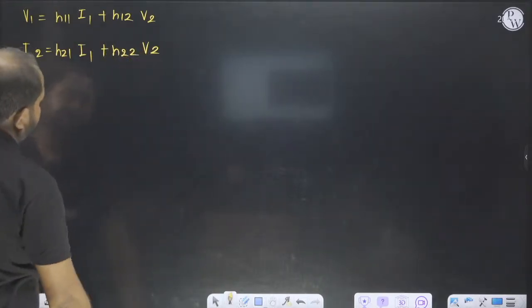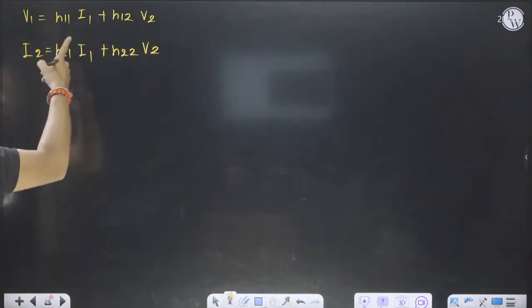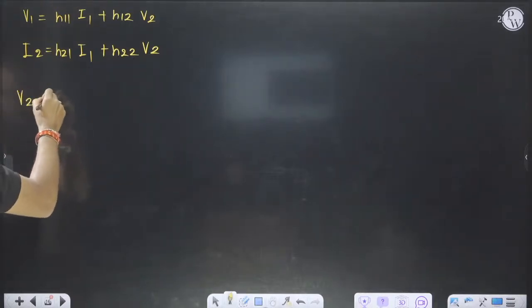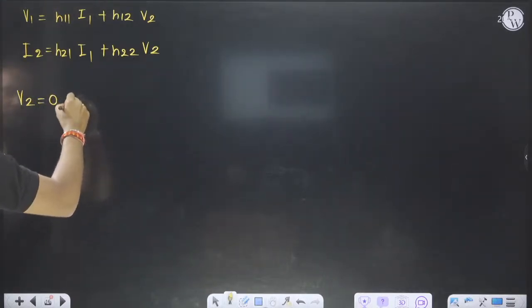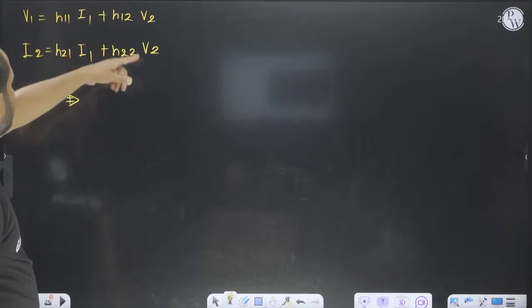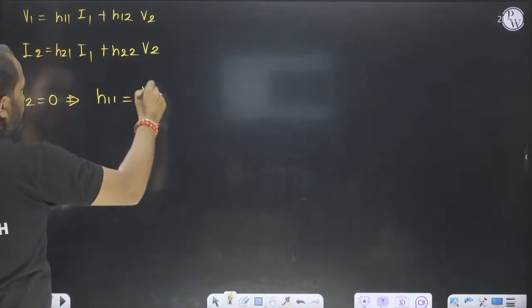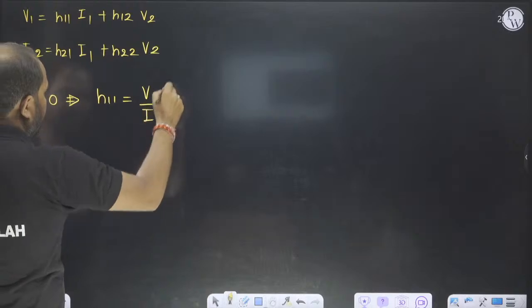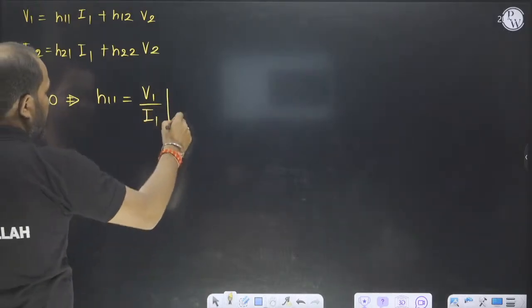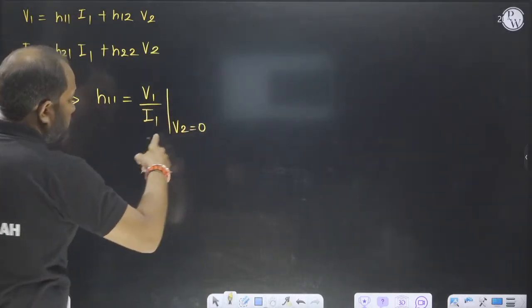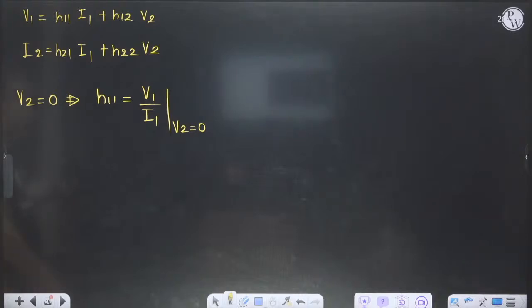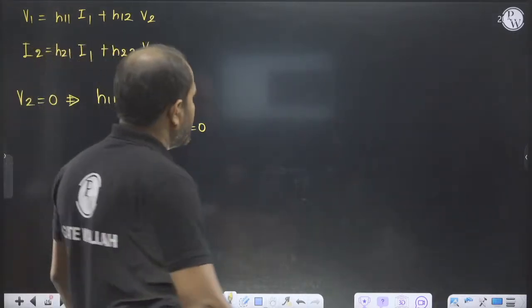Yes sir. So first of all, V2 is equal to 0. If I make V2 equal to 0, then H11 will be equal to V1 by I1 with V2 equal to 0. So it is a short circuit.